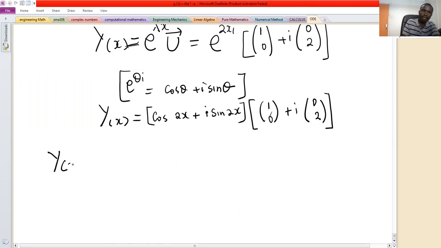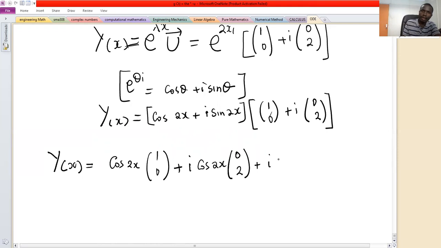So y of x, I'll have cos 2x times 1, 0, plus i cos 2x times 0, 2, plus i sine 2x times 1, 0. I times i is minus 1, so minus sine 2x times 0, 2.